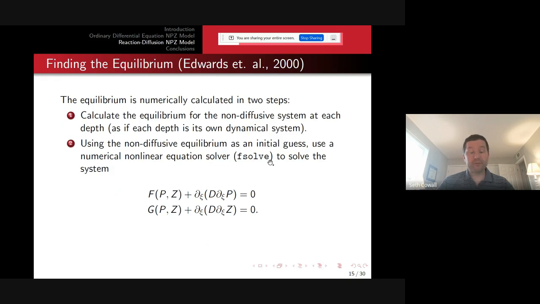And we use fsolve to solve the system, which is the system that you've seen on the screen recently, except these two were the time derivatives.